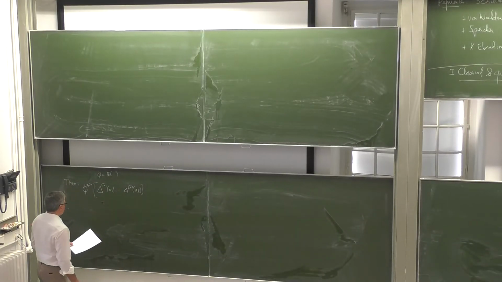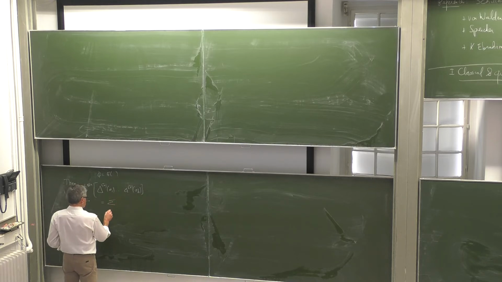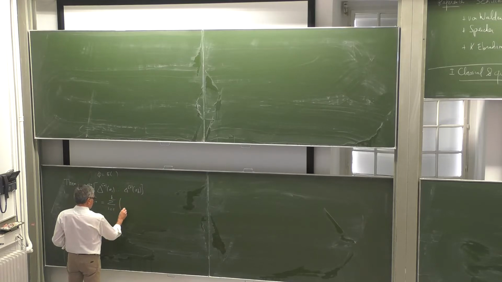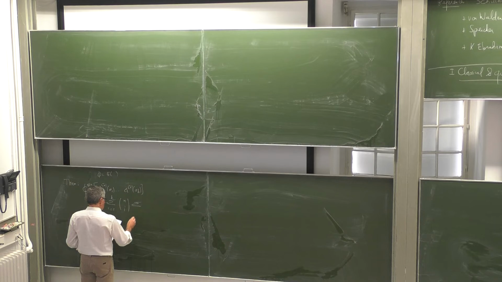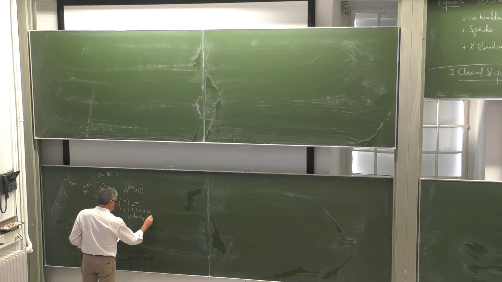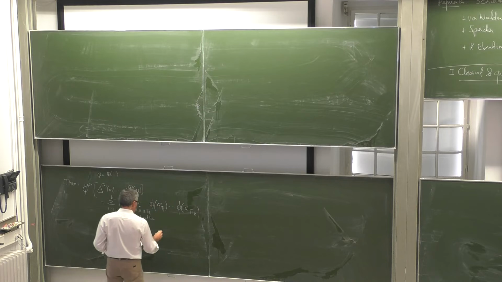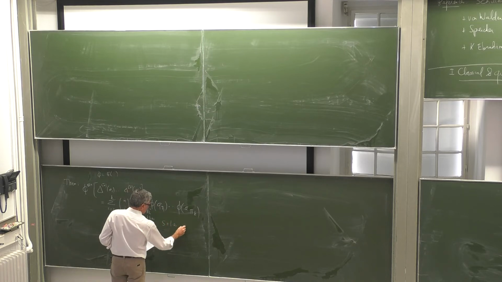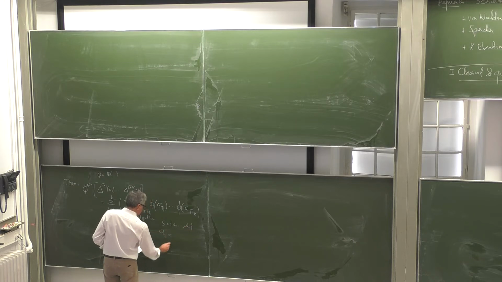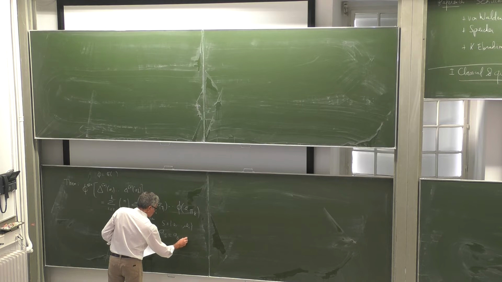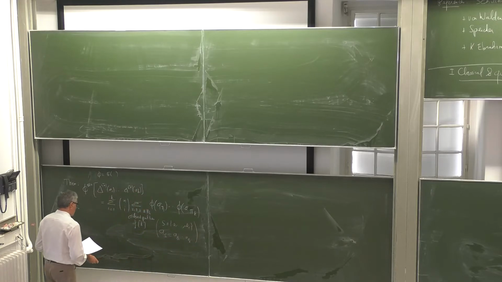What we get if we compute this term, we get the sum of all binomial coefficients times the sum over all ordered partitions of K. Well, in general, I will use the following notation: if I have a set S, then I write A index S for the product of the corresponding A_i's.